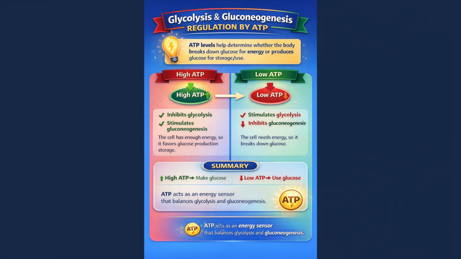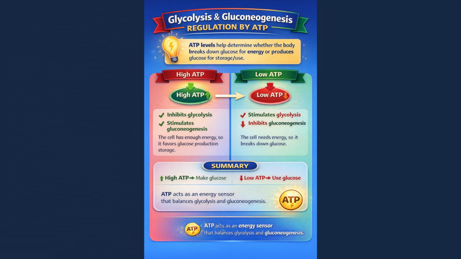Gluconeogenesis is activated during fasting or low blood glucose to produce new glucose, mainly in the liver. Enzymes such as fructose 1,6-bisphosphatase are stimulated by glucagon and high ATP, but inhibited by AMP and insulin. This reciprocal regulation prevents both pathways from being highly active at the same time.